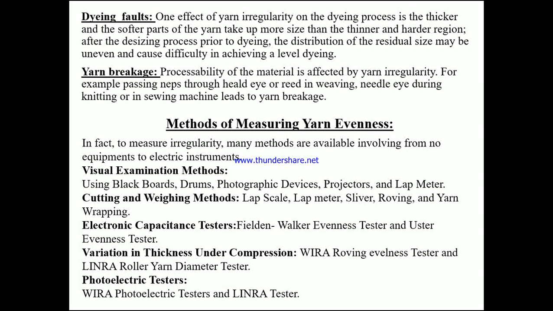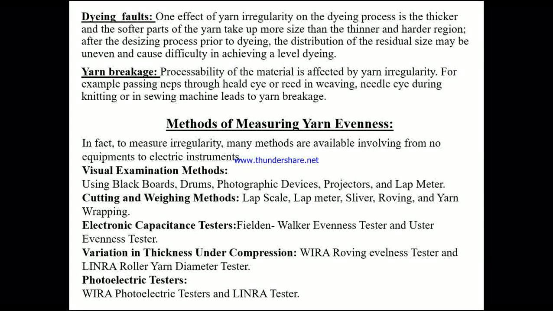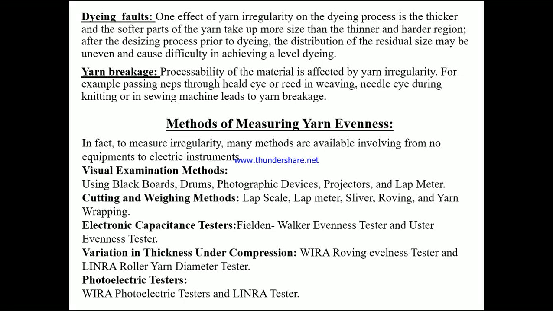But as soon as the yarn is present between the plates, the capacitance of the capacitor changes based on the mass of the yarn. That change in capacitance is measured by the instrument continuously. The yarn is passed continuously across the two parallel plate capacitors, and the mass variation of the yarn is measured in terms of the change in capacitance value.